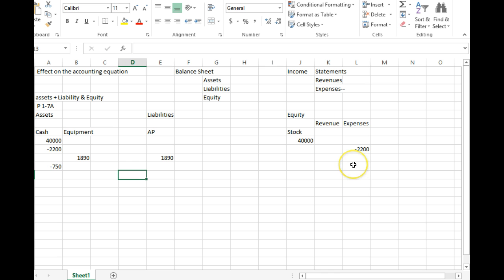Okay, expenses. Normally we'd list them all, but for this chapter only, we're going to do it this way. So we're showing $750 under expenses. All of our expenses, the way we do things here, are going to be negative.